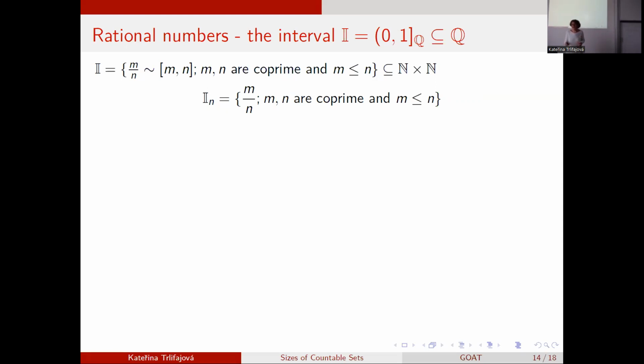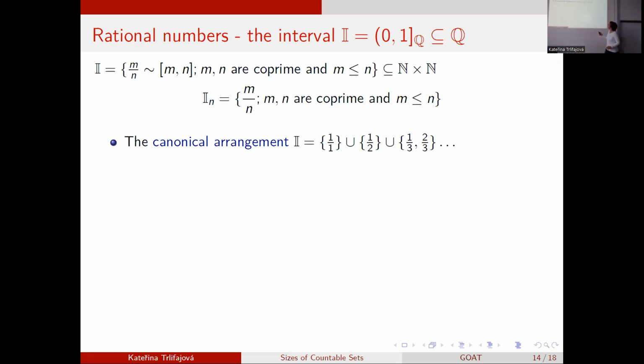So the unit interval can be expressed as pairs of coprime numbers such that m is less or equal than n. I write it as a fraction, but it can also be written as a pair. So their canonical arrangement is like this. In the first will be only 1 over 1, then 1 over 2, 1 over 3, and so on, with m less or equal than n.